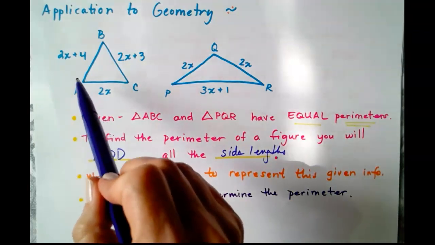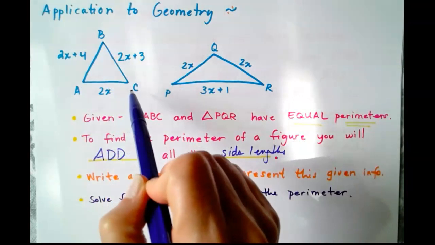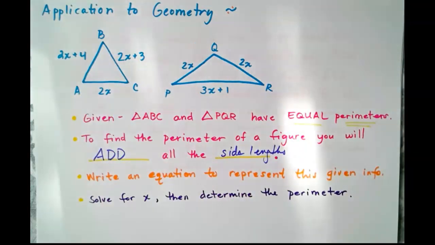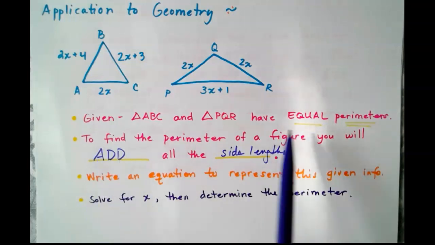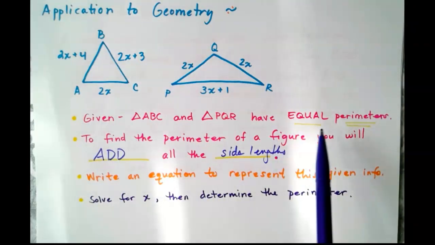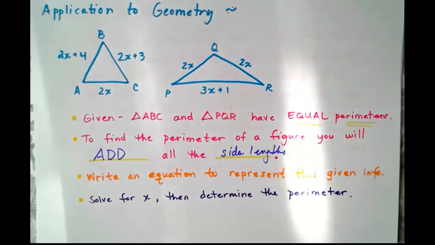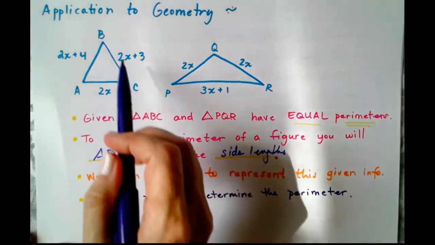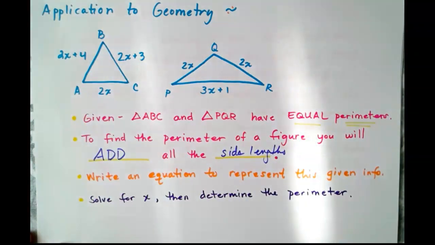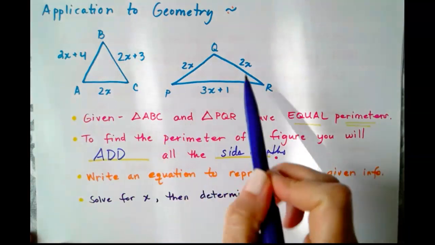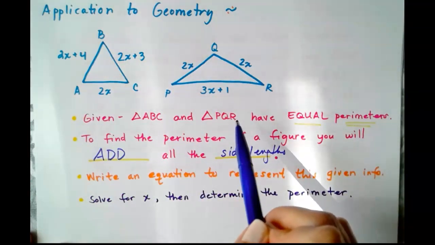Same thing on the other triangle. AB plus BC plus AC. So we're going to be finding the total. So given that these two triangles have equal perimeters, that means that the perimeter of triangle ABC is going to be equal to the perimeter of triangle PQR.